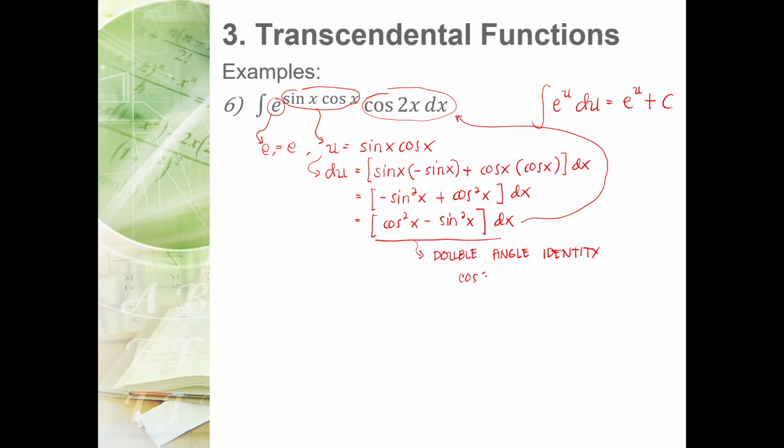Your cosine double angle, cosine 2 theta, is equivalent to cosine squared theta minus sine squared theta. The other format for this one is 2 cosine squared theta minus 1. Then the other format is 1 minus 2 sine squared theta. So this one is a double angle, and we can represent your du with cosine 2x dx.